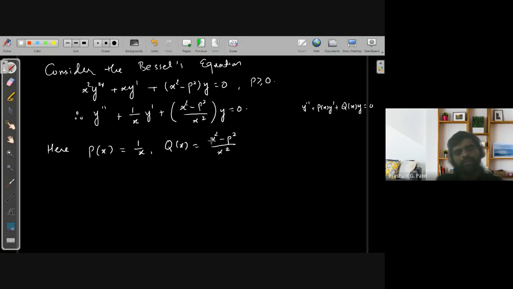And we note that this p of x and q of x are not analytic at x equal to 0. So x equal to 0 is a singular point.